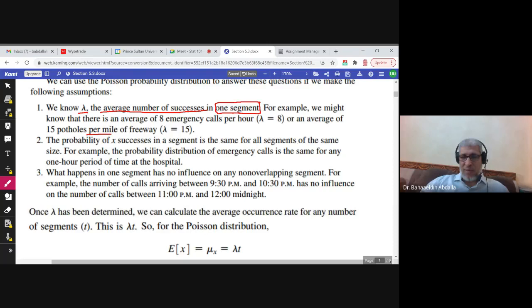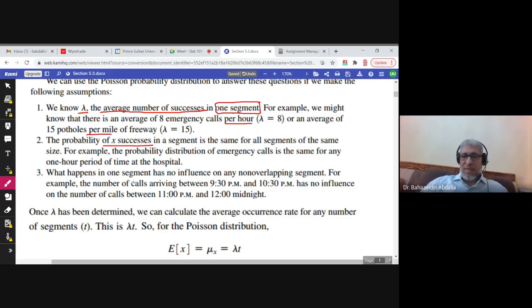Notice, per mile, per hour, this is 1 segment. If you give me the average in one segment, it is called lambda. The probability of X successes in a segment is the same for all segments. So the probability of success does not change from segment to segment.